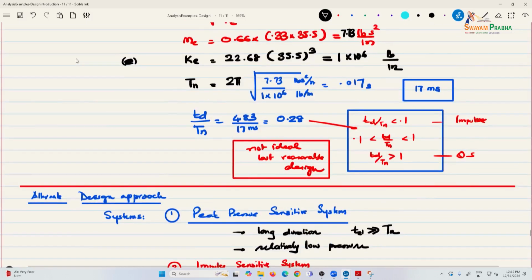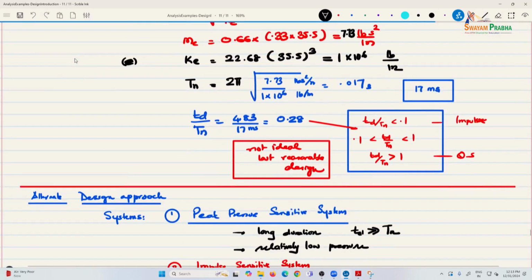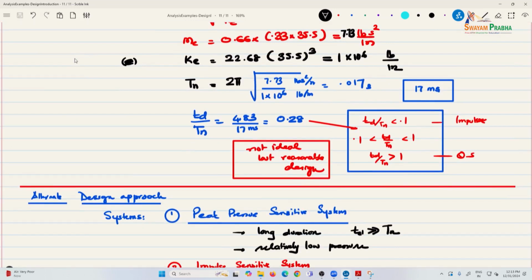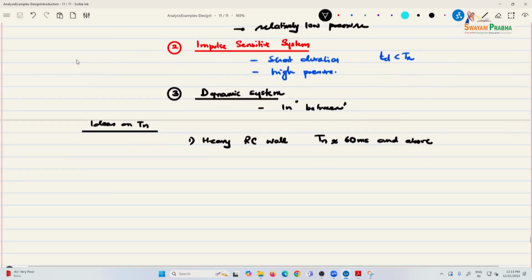So, this example was a heavy RC wall. Here, the length was not much, so it does not quite come under heavy because it lowers the mass. So, here we had 17 milliseconds. I think the first example we did, RC, that was 66 milliseconds.